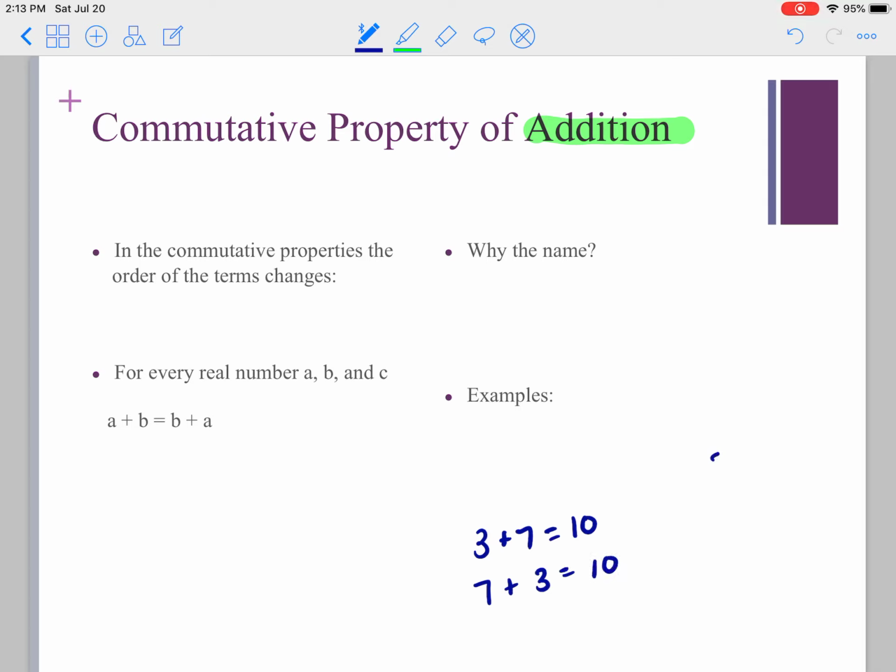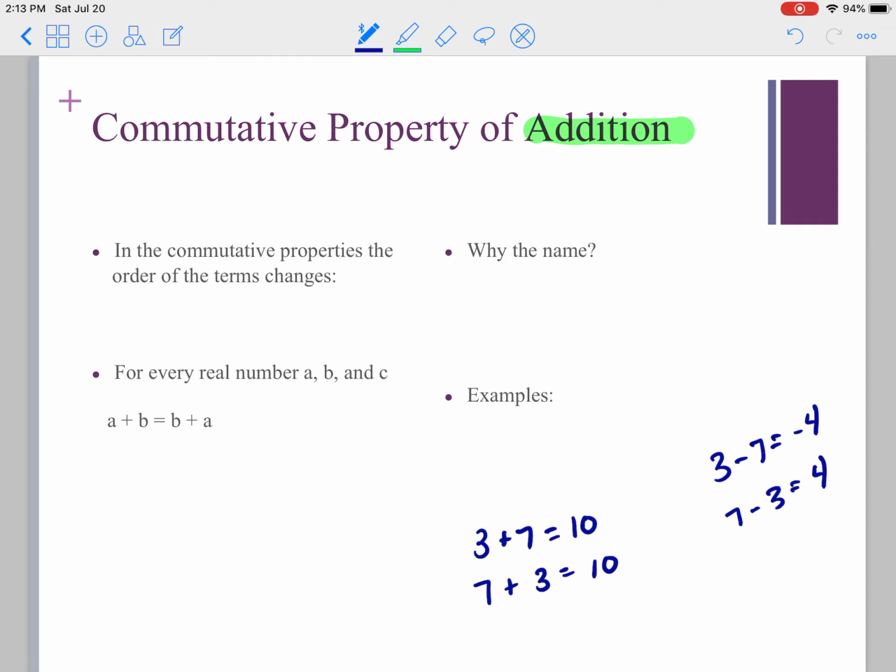However, 3 minus 7 is equal to negative 4. And 7 minus 3 is equal to positive 4. Not the same solution.